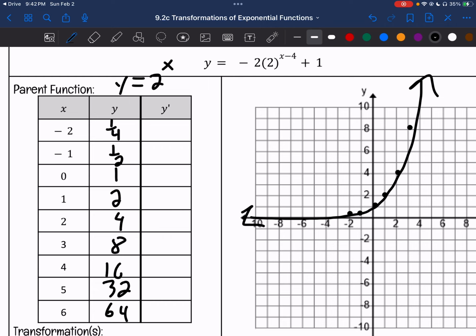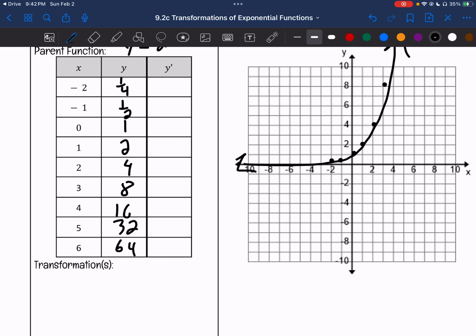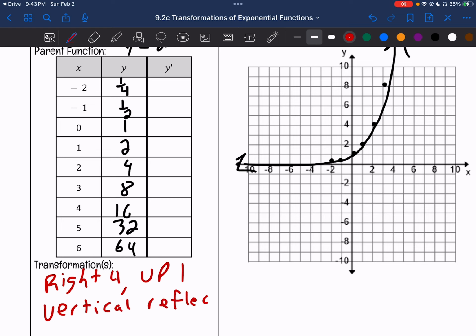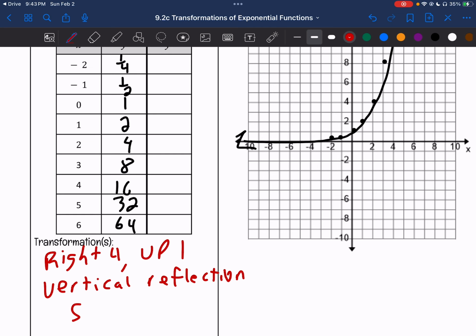So what transformations do we have going on here? I know we're going to the right 4. We're going up 1. We have a vertical reflection, and we have a stretch by 2.